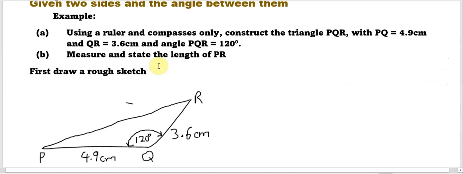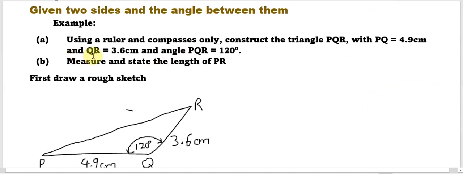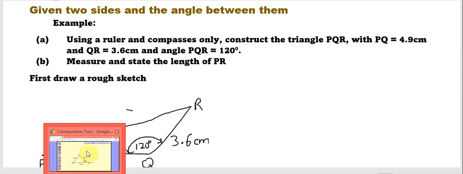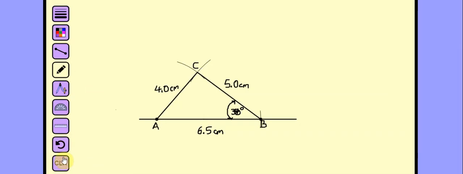So let's go to our construction software now and attempt doing this one. So we will clear off the previous one. Alright, and so for this one we will start as usual by drawing a straight line.